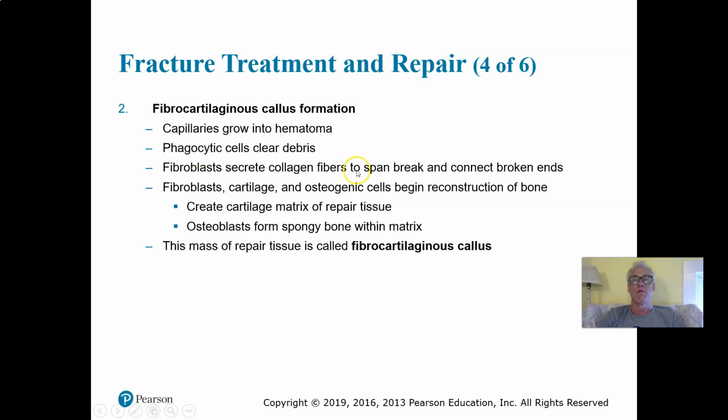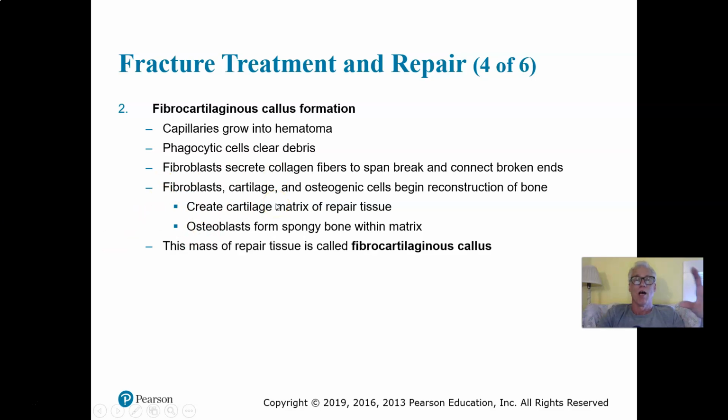Fibroblasts will come in, and remember, fibroblasts are those overzealous, almost workhorse kinds of repair cells, and they will start creating collagen fibers, and that's what they do. They make collagen, the most prevalent building material of your body. Also, some chondrocyte-like cells and osteoblast-like cells are going to come in and start making bone matrix and cartilage matrix.